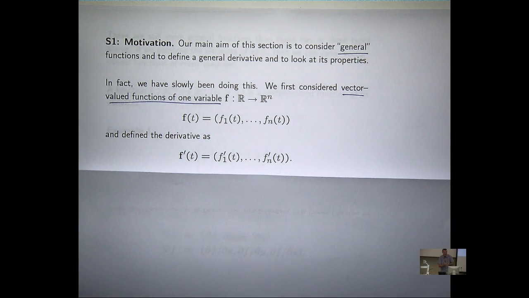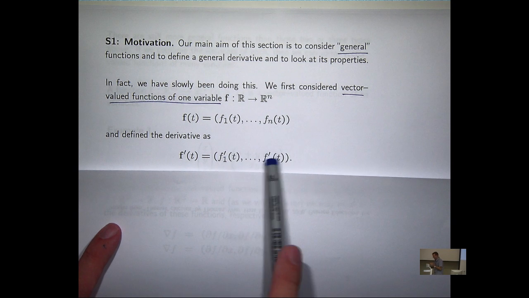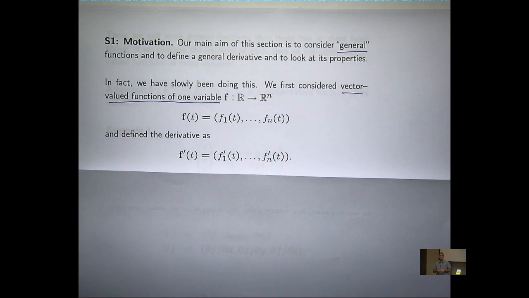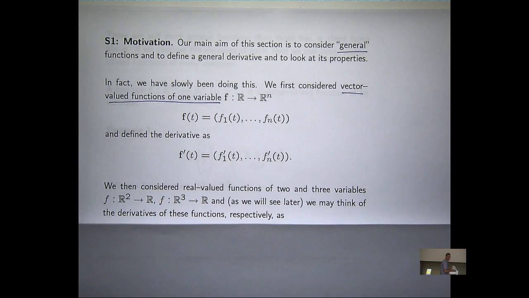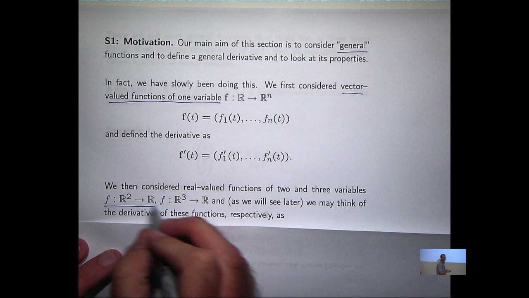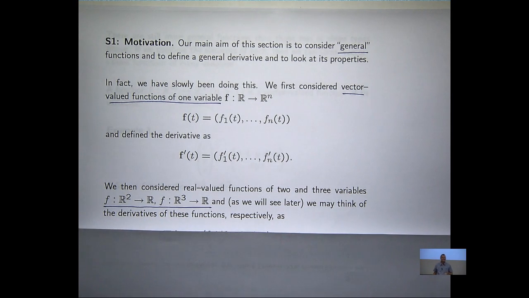And we then define its derivative by differentiating the components. So that's one way, well, I guess in that context, that's how you define the derivative. We've also looked at these functions of 2 and 3 variables, real valued functions. And we defined partial derivatives and directional derivatives and the gradient field.